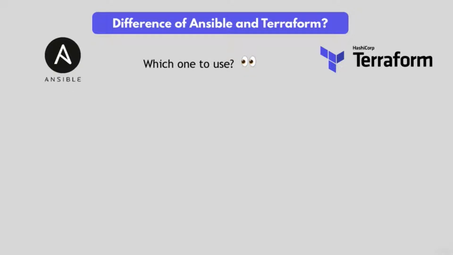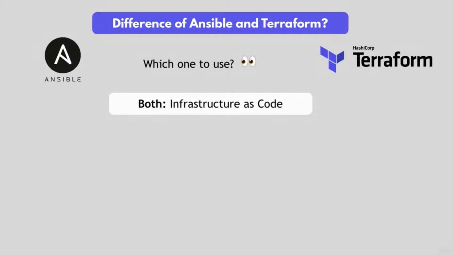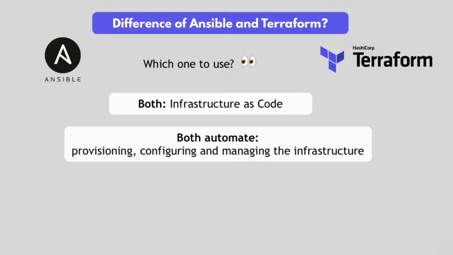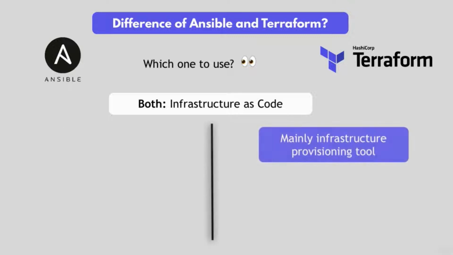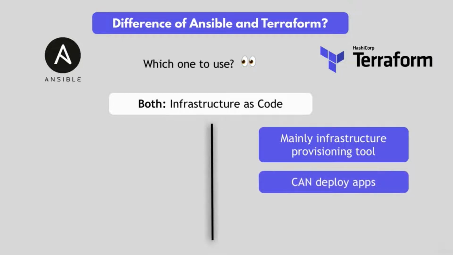First of all, Terraform and Ansible are both infrastructure as code, meaning they're both used to automate provisioning, configuring, and managing the infrastructure. However, Terraform is mainly an infrastructure provisioning tool. That's where its main power lies. But it also has possibilities to deploy applications and other tools on that infrastructure.